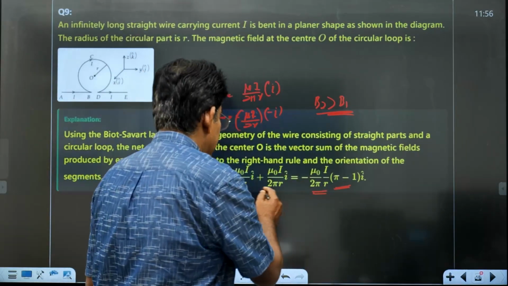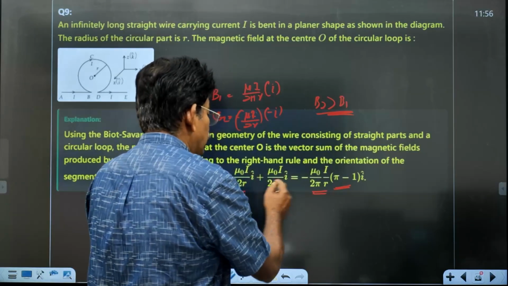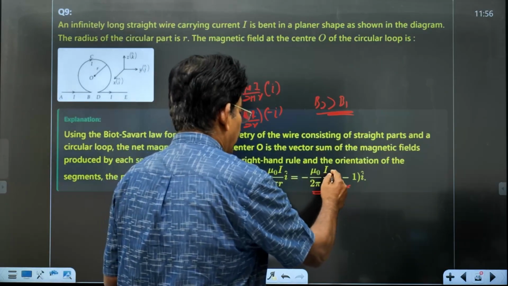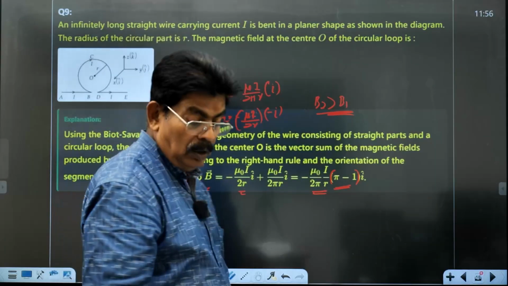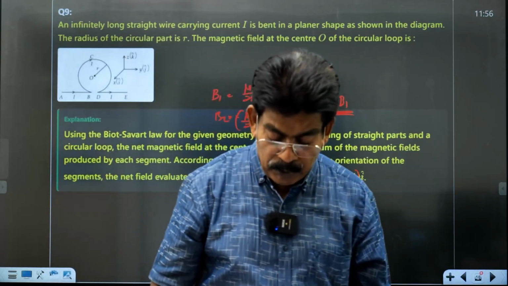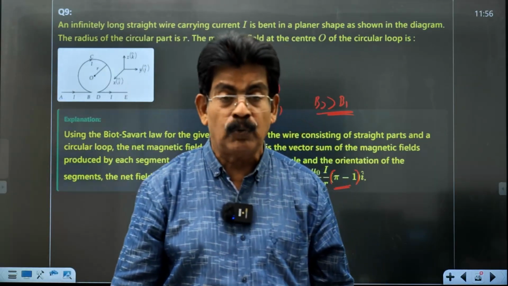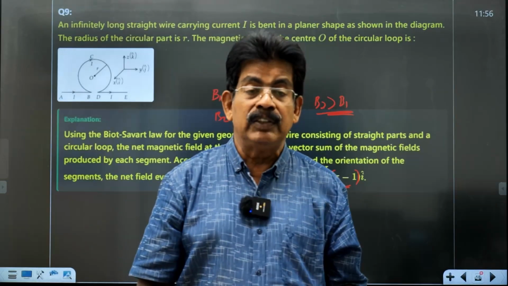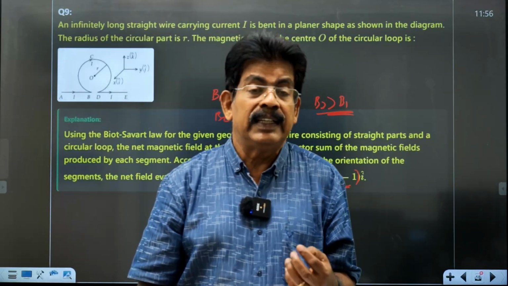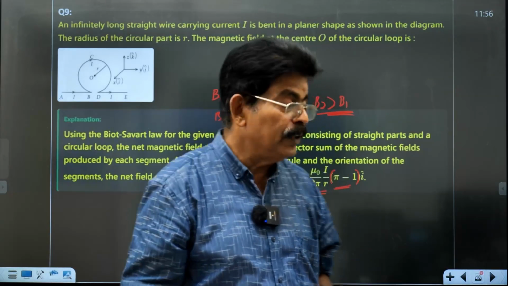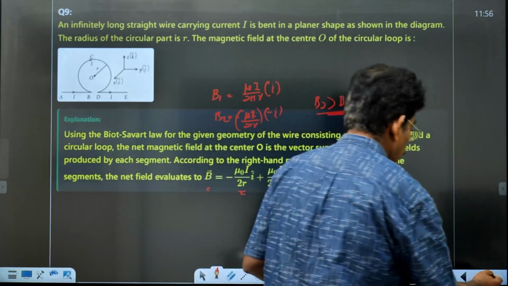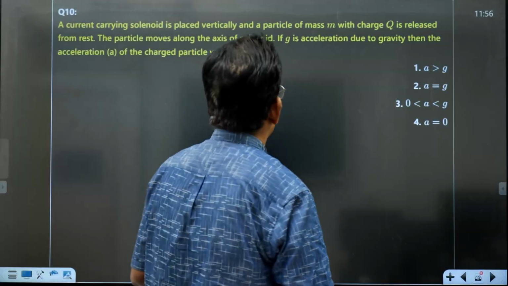I have taken out minus mu 0 I by 2 pi r as common, pi is left over here, pi minus 1. So the correct answer will be mu 0 I by 2 pi r times (pi minus 1), and the negative sign indicates it is directed into the plane of the paper. So option 2 according to your calculation. We go to the next one.